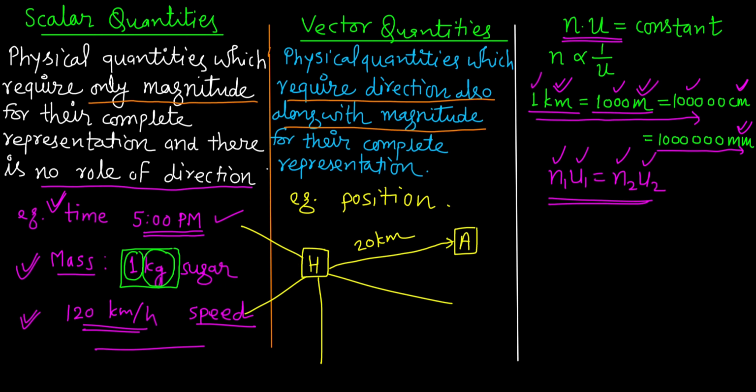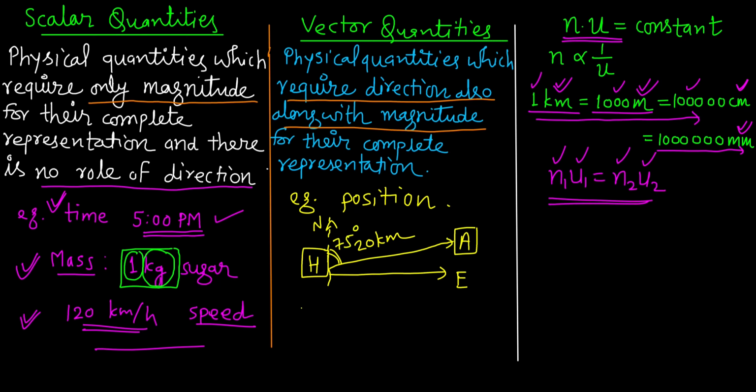So for completely defining the position of the airport, you also need to tell him in which direction he has to move. Suppose this is north and this is the direction east, and suppose this is the angle, say 75 degrees.